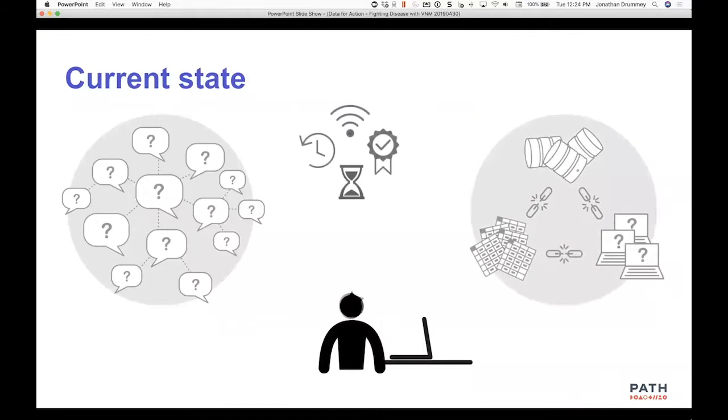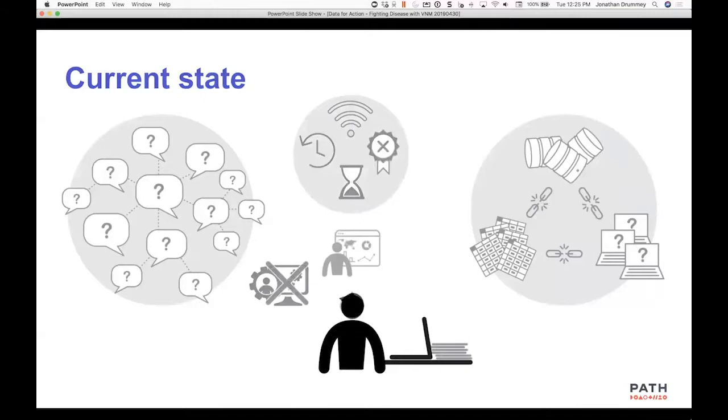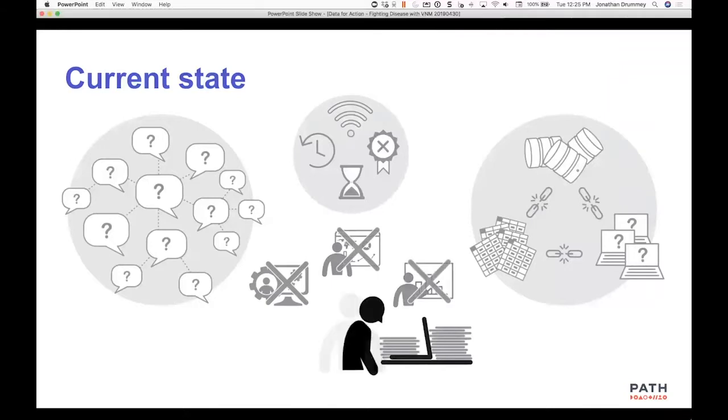Then we have other issues, whether that's connectivity or data quality or timeliness and availability of the data. And then there are our skills: do we have all the skills that we need to munge the data, and tools that can visualize and express that data? Then our work starts piling up, and we are not very happy.